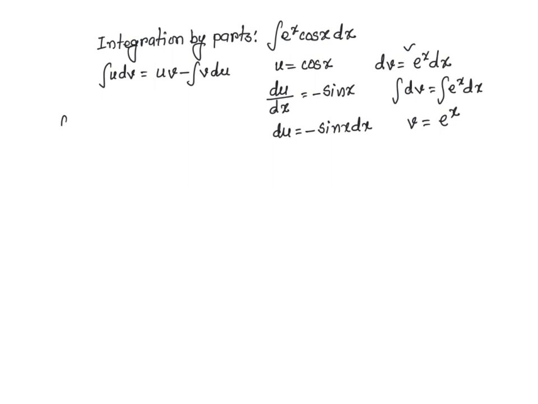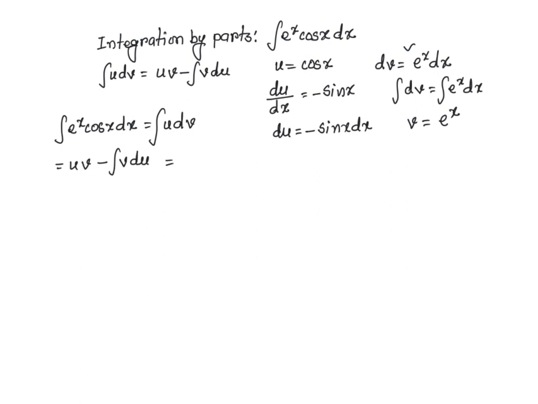Now my integral e to the power x cosine of x dx becomes integral u dv according to my substitution, right? Which is going to be uv minus integral v du.